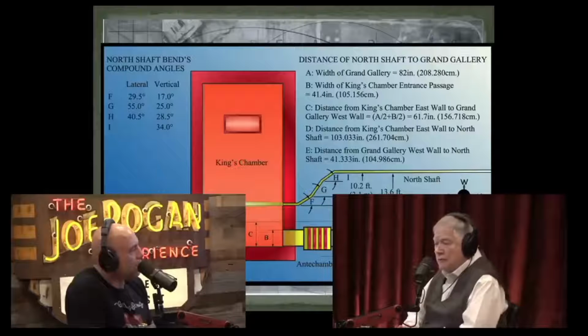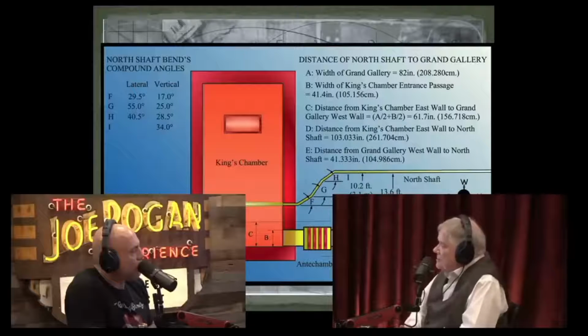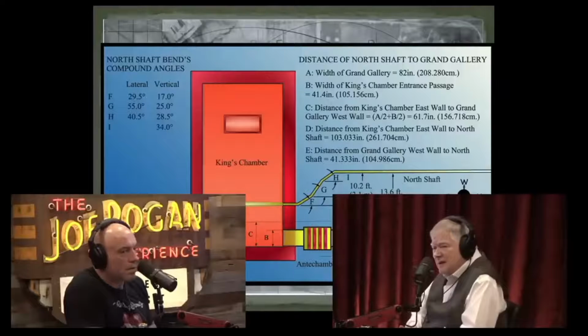Now, if you're just going to ventilate that place, would you need that many bends? But look at the distance between the Grand Gallery wall and the north shaft. It is 13.6 feet.